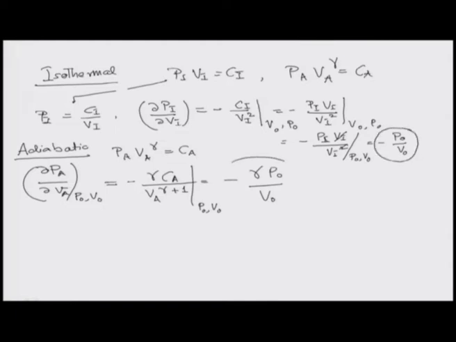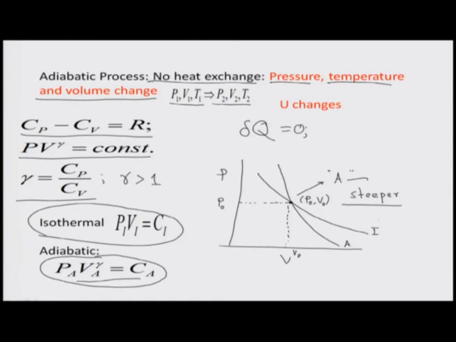This is the slope of the isothermal curve. This is the slope of the adiabatic curve, at the point of intersection, which is designated by the coordinates P naught and V naught. You see, these are two curves.